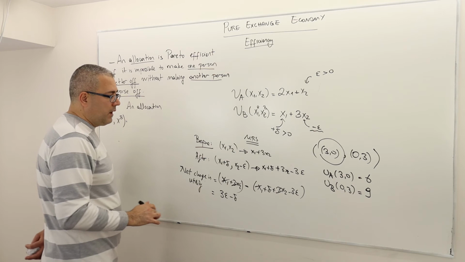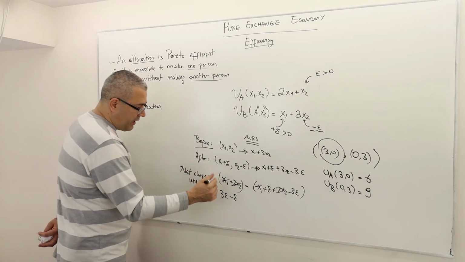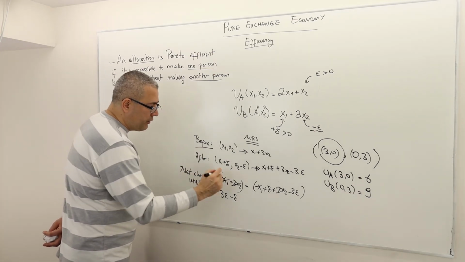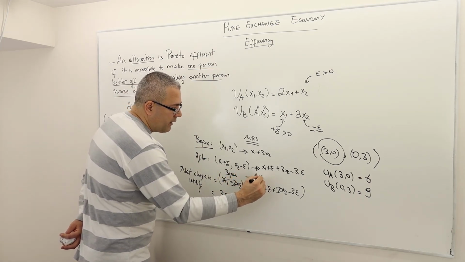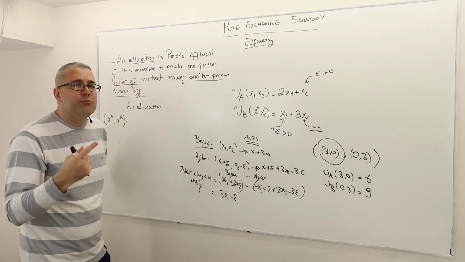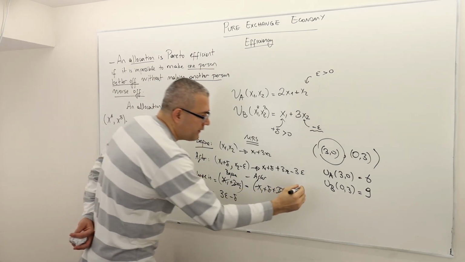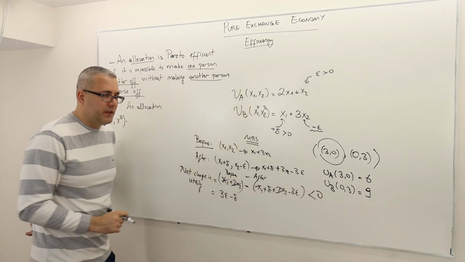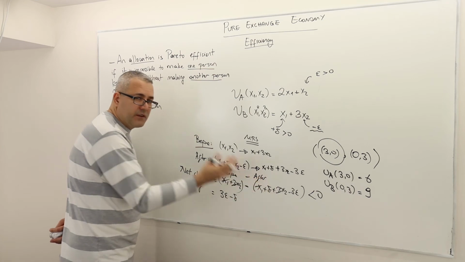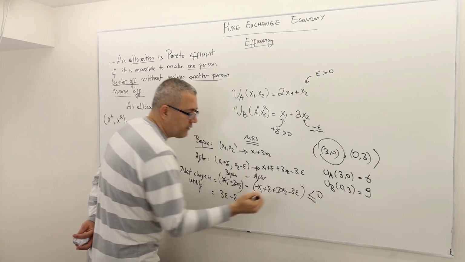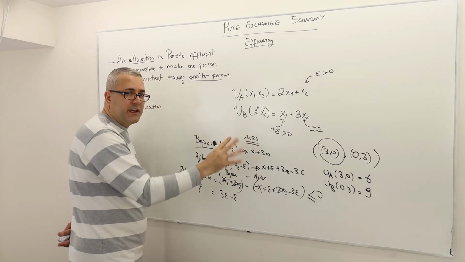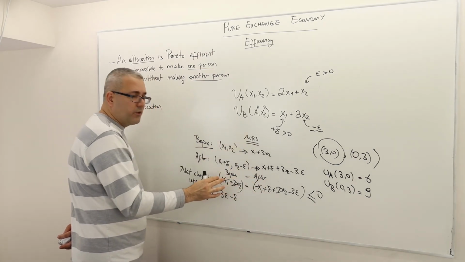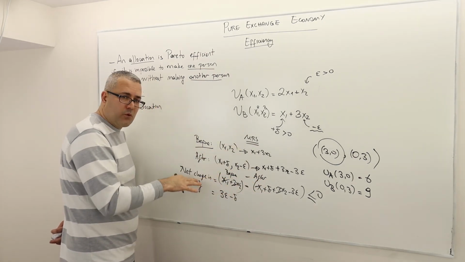So the net change in utility is basically before and after. If I am looking for improvement, this has to be less than or equal to 0, so that the utility after the exchange is greater than or equal to the utility before the exchange.